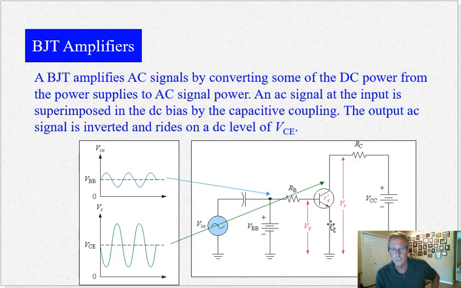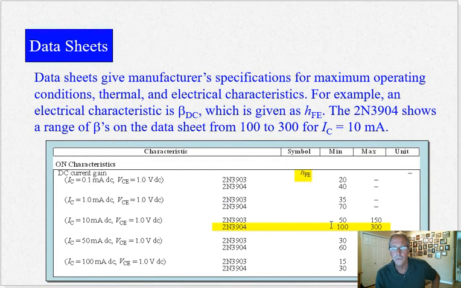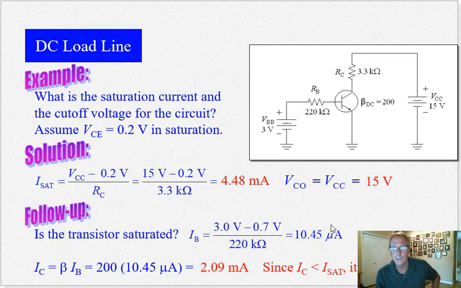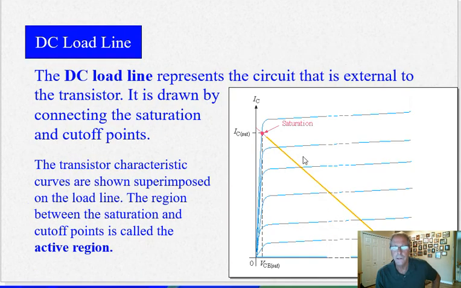Okay, let me go back a couple slides here. So what we're doing is basically running a sine wave up and down these base curves. So this curve here is lifted up and down with the sine wave, right? And you ride this DC load line back and forth towards saturation and towards cutoff.